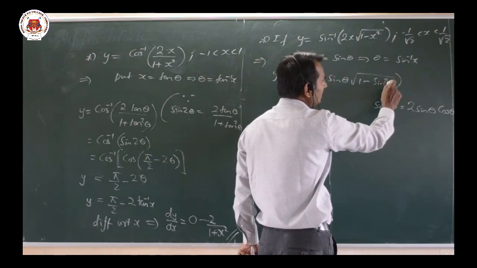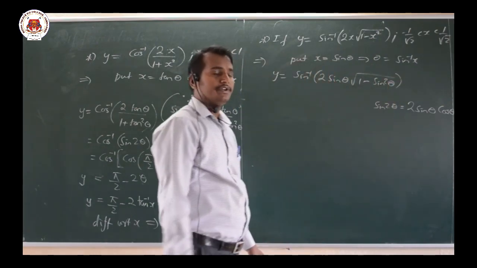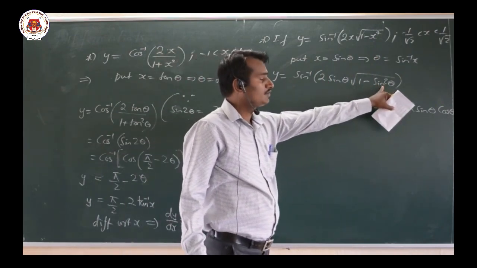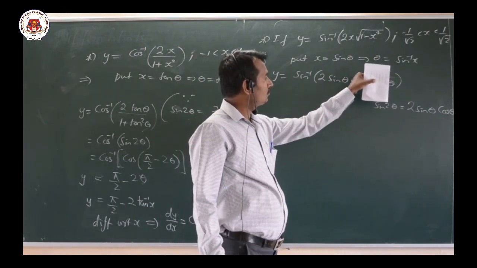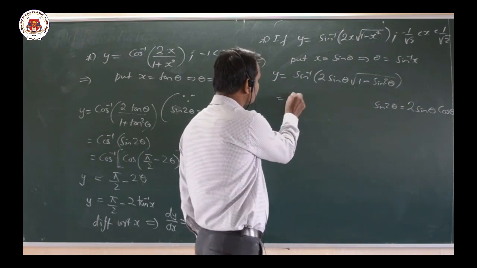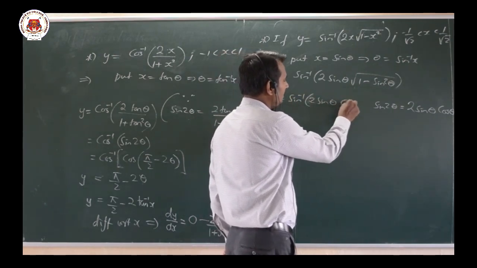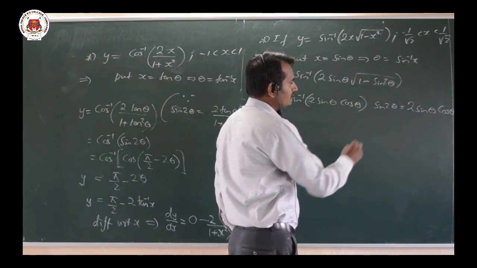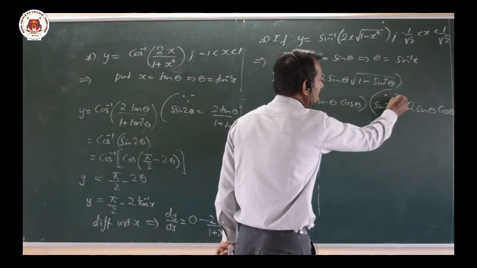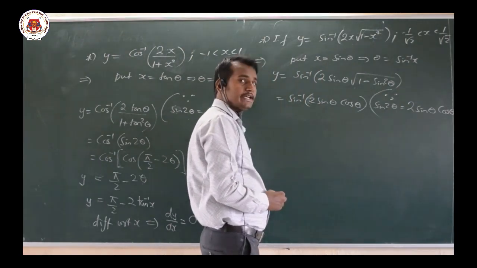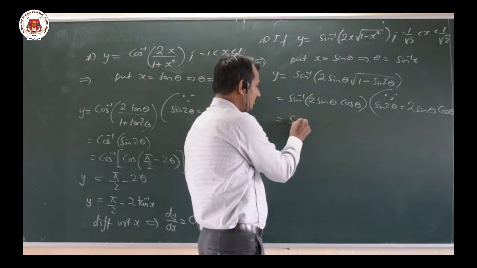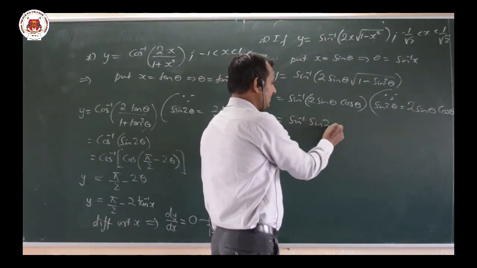Now here, what is the value for 1 minus sin square? Cos square, so the root gives cos theta. That is nothing but sin inverse of 2 sin theta into cos theta. We know the formula, because sin 2 theta is equal to 2 sin theta into cos theta, the value will be sin inverse of sin of 2 theta.